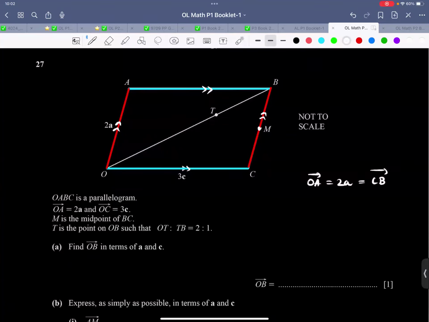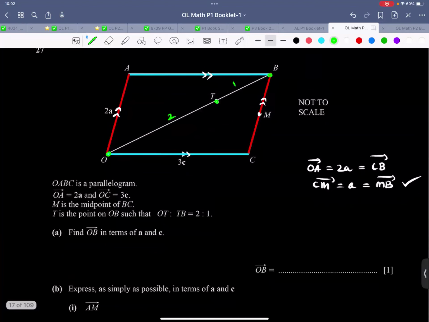M is the midpoint. So in other words, CM is equal to A and MB also equals A. T is the point on OB such that OT is to TB, this is in the ratio 2:1. We'll use it in a short while.